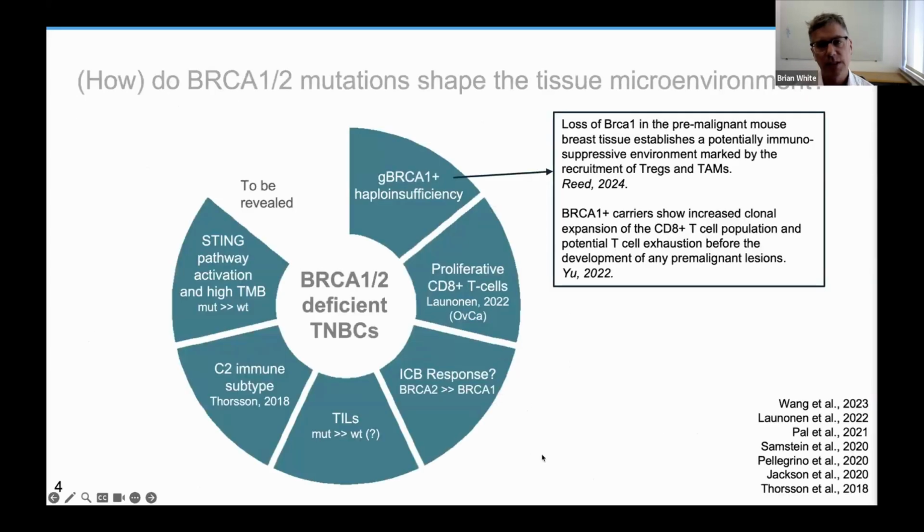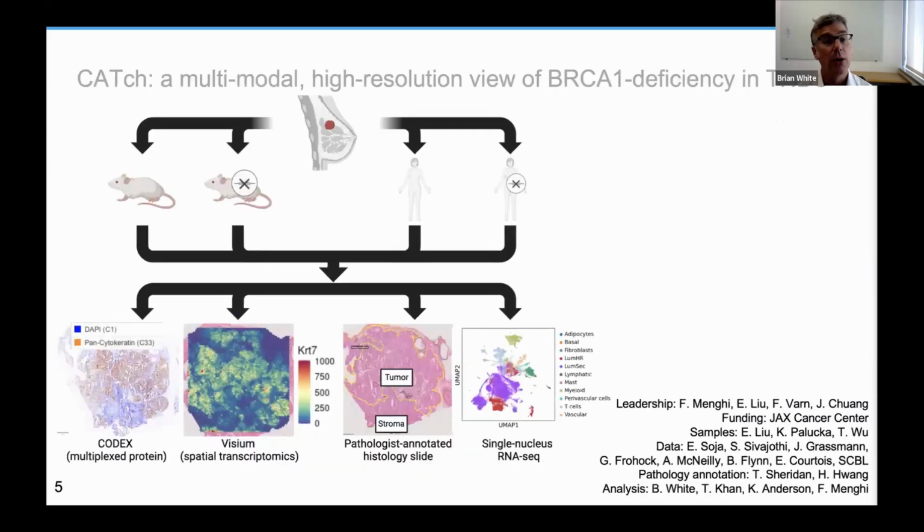But beyond these genomic scars, some studies suggest that BRCA1 deficiency is associated with increased immune infiltration within the tumor, including expansion of the CD8 T cell population. Yet other studies showed no changes, and so the relationship between these so-called TILs, or tumor-infiltrating lymphocytes, and homologous repair deficiency remains unresolved.